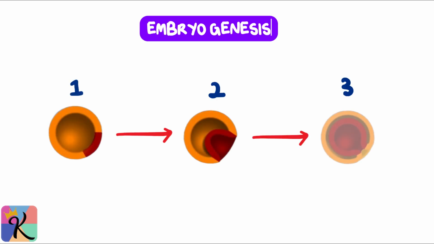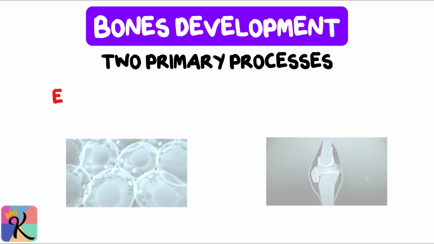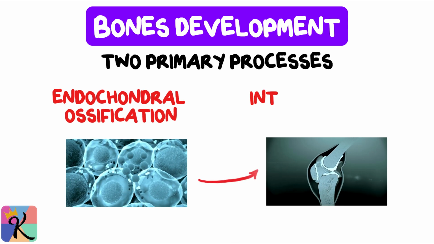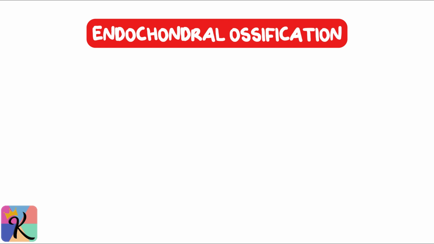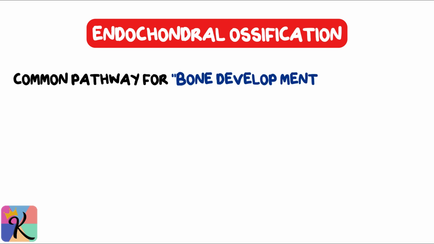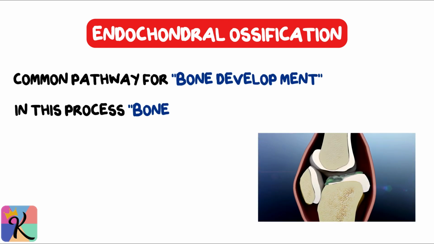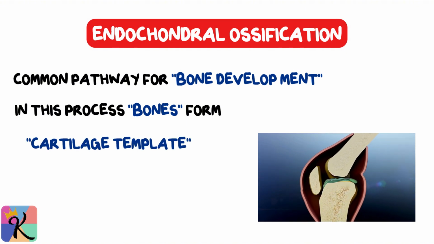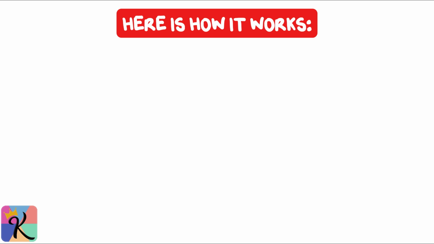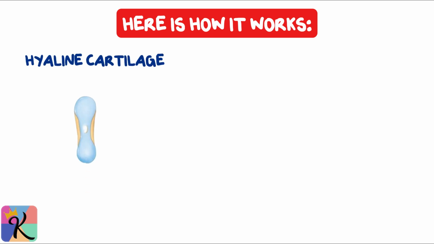during embryogenesis. Bones develop through two primary processes: endochondral ossification and intramembranous ossification. Endochondral ossification is the most common pathway for bone development. In this process, bones form by replacing a cartilage template. Here's how it works. It all starts with hyaline cartilage that serves as a framework or template.